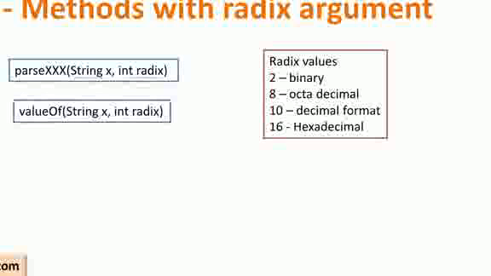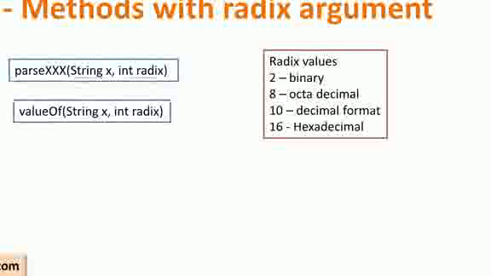That means when you say 2, you're telling it that it is in a binary format. When you say 8, you're telling the wrapper class that you're passing it in an octal format.